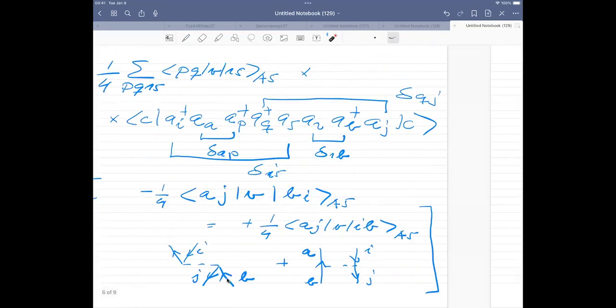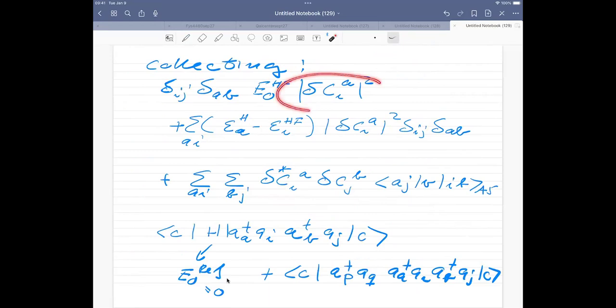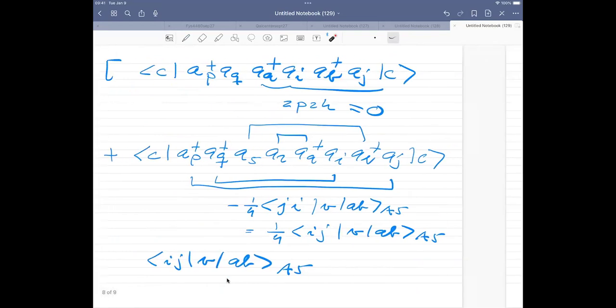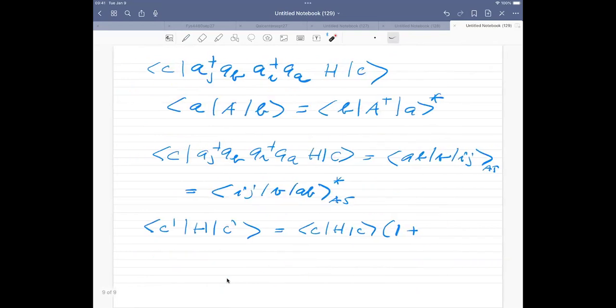But that E0 term needs to be multiplied by these coefficients. So I can write this up. I need now to have a summation over A and I, and then I have a delta CIA squared. So that's that specific term.